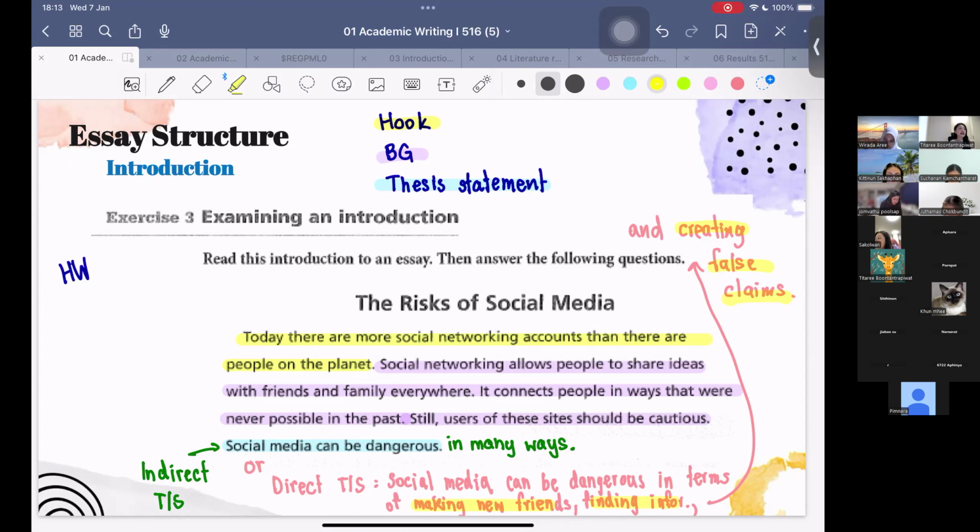And I come up with three reasons, because normally when you write an essay, it would be better to have at least three main ideas in order to help you reach the minimum word count.